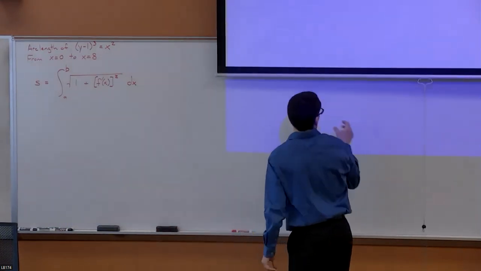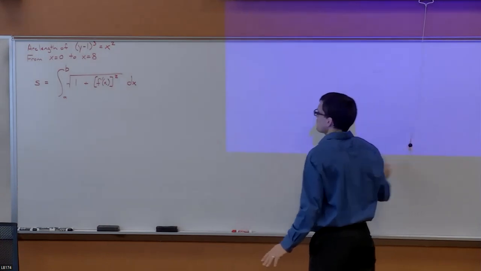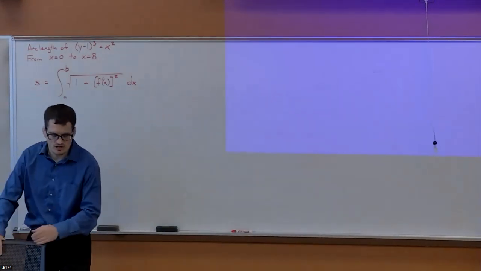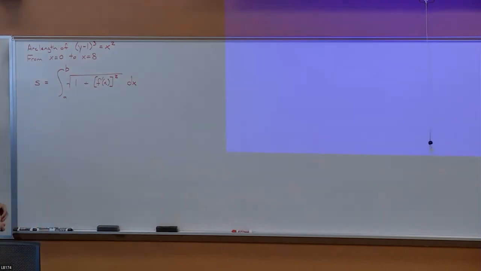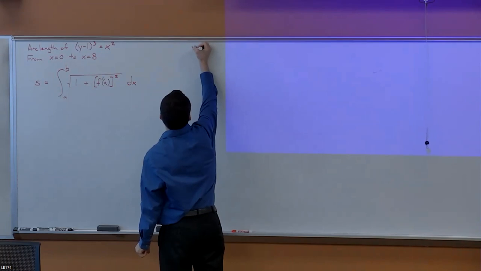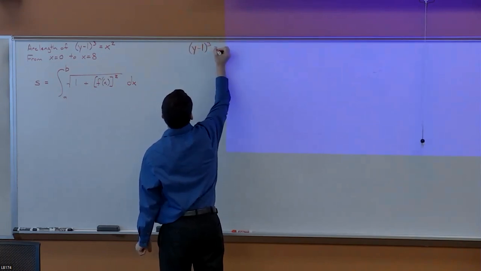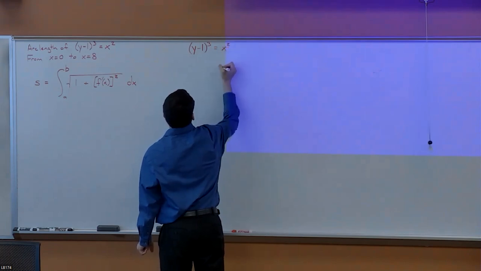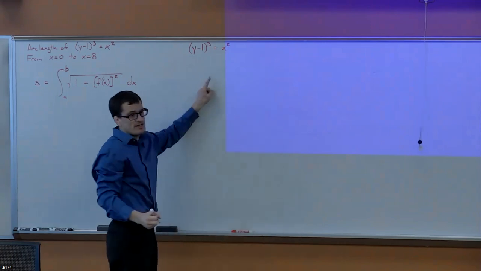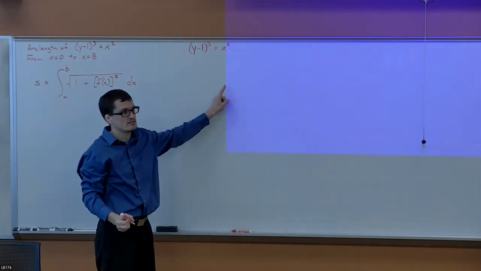Now, since it says from x equals 0 to x equals 8, I'm going to start off doing this problem like we did before, integrating with respect to x. That takes a little bit of side work on this example. So y minus 1 cubed equals x squared. If I'm integrating with respect to x, I need to get y equals a function of x.